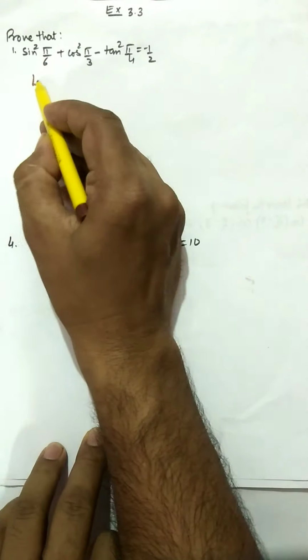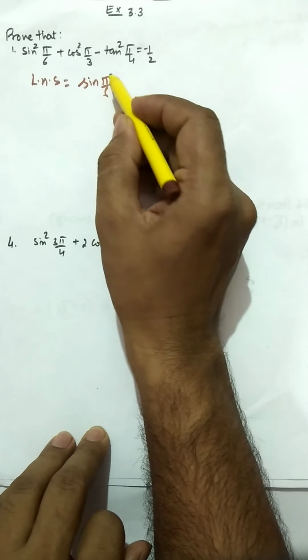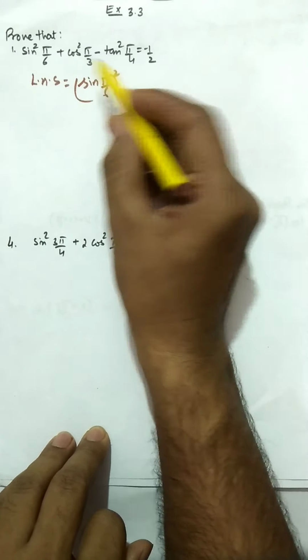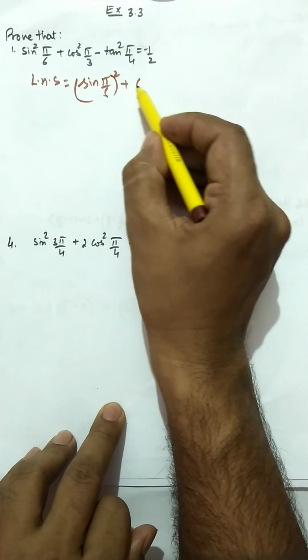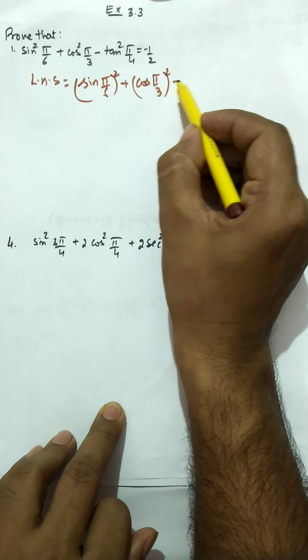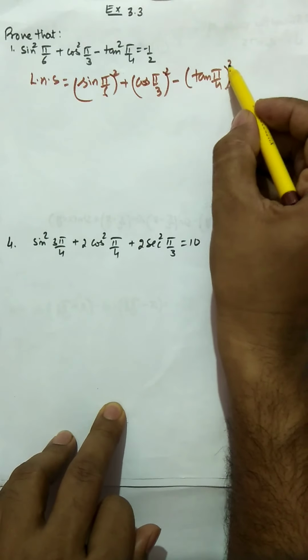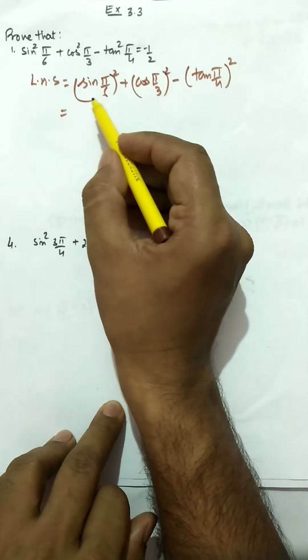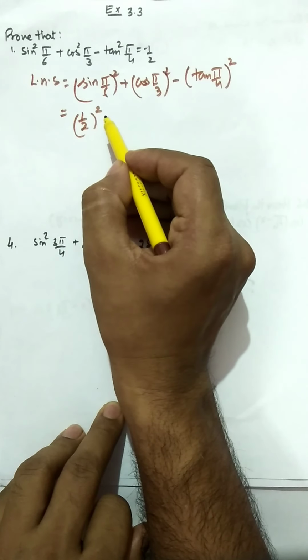You can write sine pi by 6, this is whole square. Here the square means this is not the square of the angle, this is the square of the complete function. This is sine pi by 6 whole square. Similarly, this is cos pi by 3 whole square minus tan pi by 4 whole square. Now we know all the values. Sine pi by 6 is 1 by 2, so this is 1 by 2 whole square.